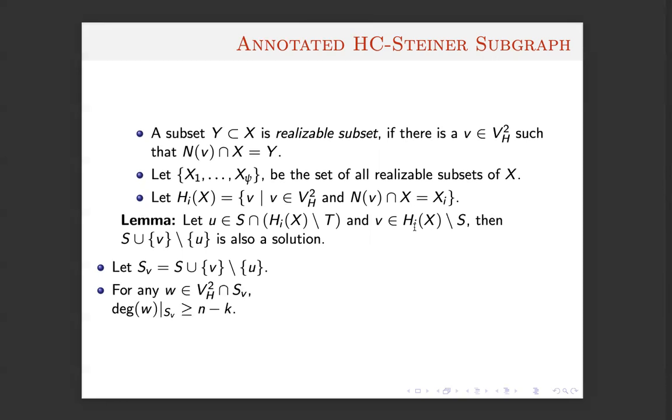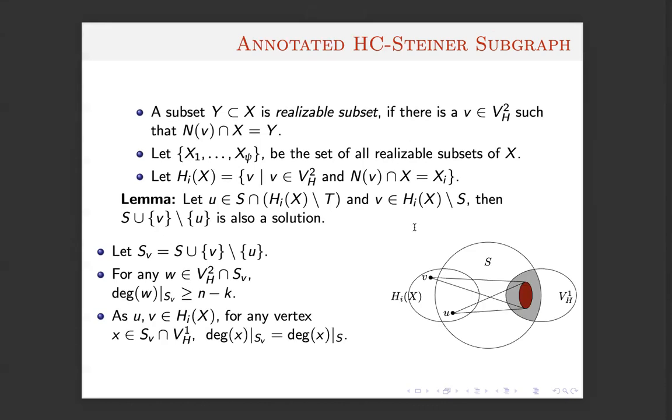And we know that any W which was in the solution and which was part of V2H has degree n minus k inside the solution, because there are at most VH minus L many vertices outside the solution, and these vertices have degree n minus k plus VH minus L. So from the figure we can see that U and V see the same neighbors in V1H intersection S, so their degree is also the same.